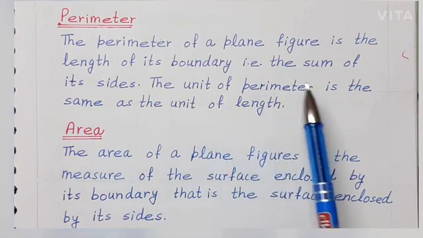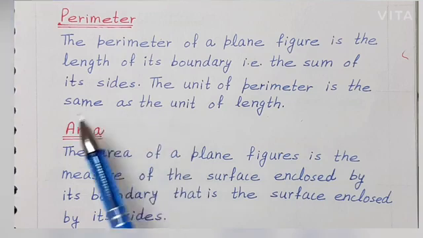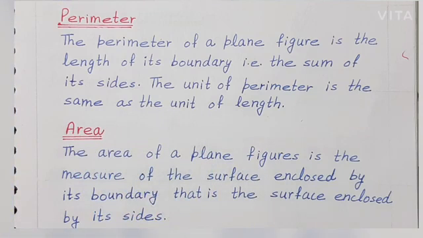The unit of perimeter is the same as the unit of length. So that means we add up all the lengths and we will get the perimeter.